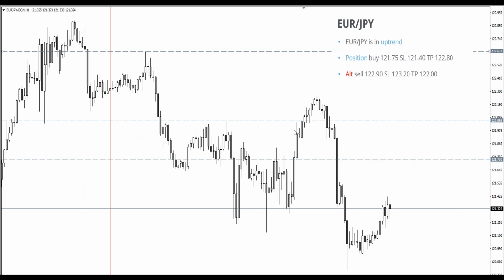Euro yen, we had a buy position initiated around 121.75. Here is where our position was initiated after two rejections. The maximum was 30 possible pips. The sell position unfortunately hasn't been touched, because I said 122.90, so we could have gone short around 122.1.